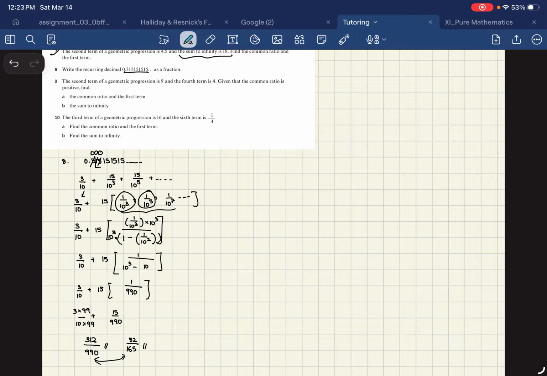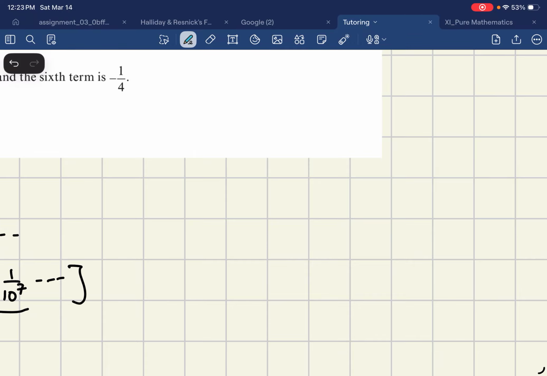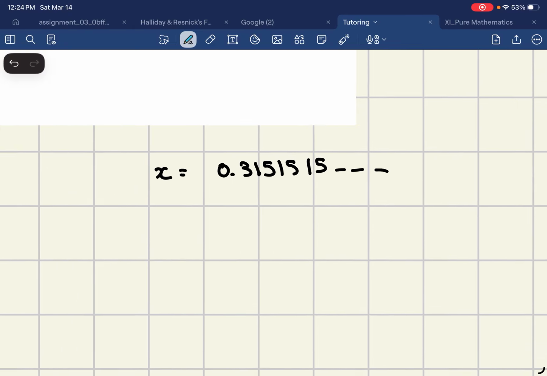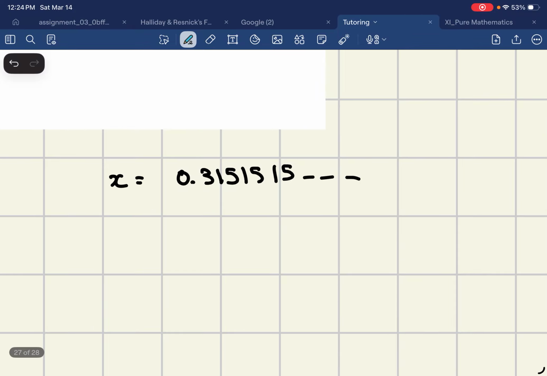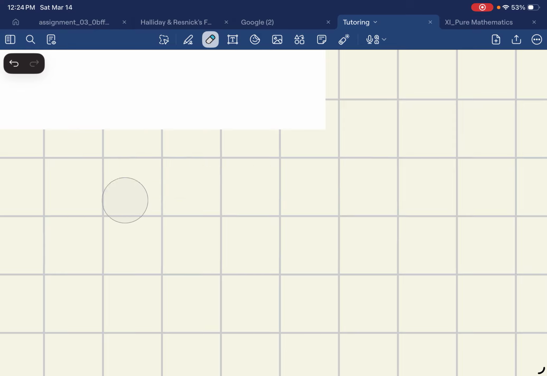Now, can we use the same trick that we used before, the one I showed you? Yes. So x can be 0.3151515, and so on. And let me multiply this by 10. 10x. So if I take one decimal here, I get 3.151515, and so on. Well, multiplying by 10 is not going to work because I want things to cancel out, right?